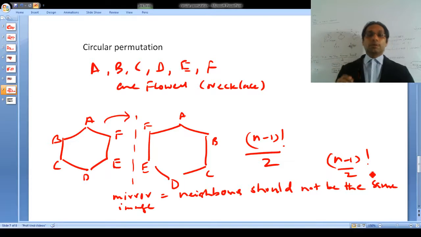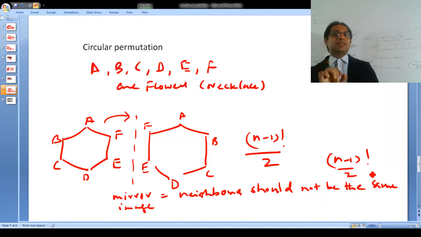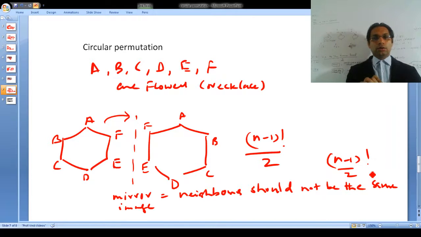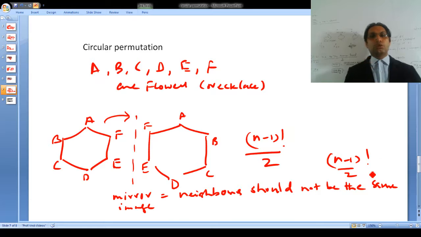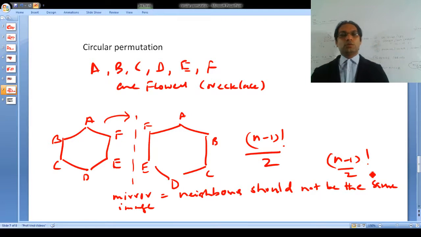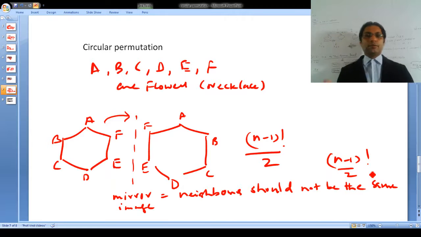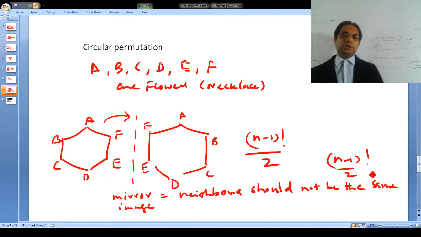If there is a situation where people are explicitly telling you that they want those counts where neighbors should not be the same, which means they don't want you to take mirror images as two different combinations, in that particular case you will divide by 2, and n minus 1 factorial by 2 will be the answer.